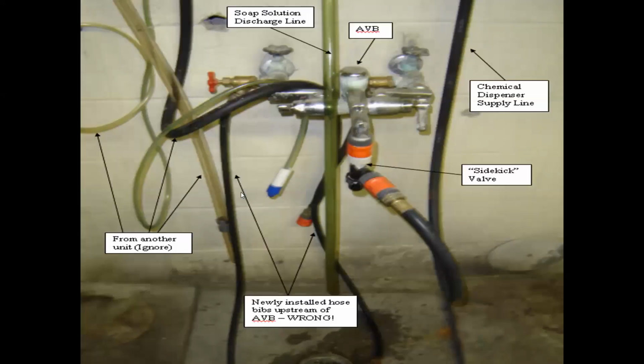So this is an example of an actual setup, if you want to think of a janitor's closet or something like that, where the dispenser has one black hose coming down and connected to the faucet. So it's sitting up above where we have our sink here. In this case, we're calling it a sidekick valve, but it's what we've got this hose screwed into on the side.